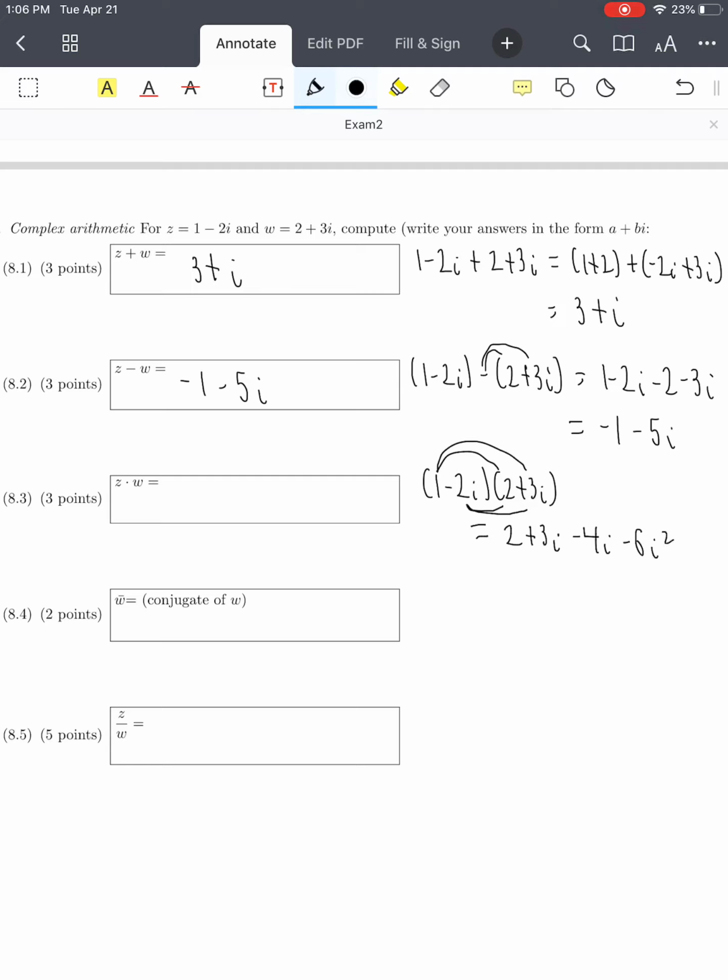So let's see, 3i minus 4i is minus i, and then i squared equals negative 1. So that's minus 6 times negative 1, so it's actually plus 6, which equals 8 minus i.